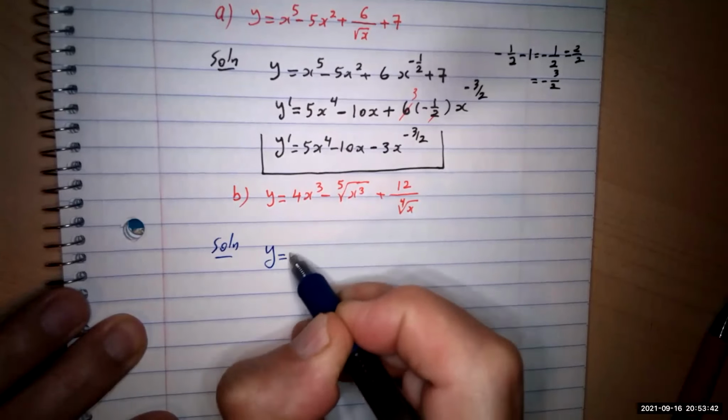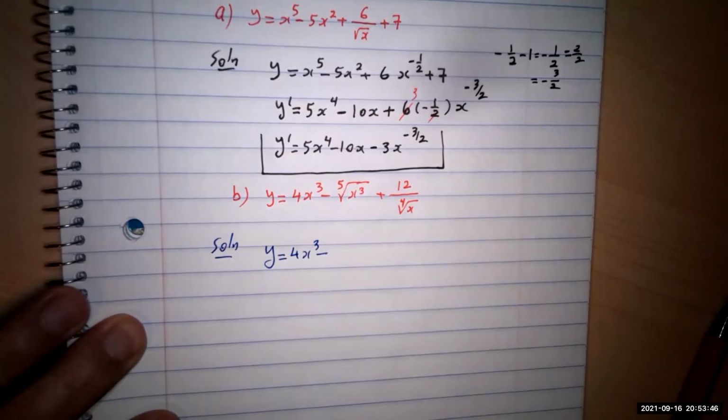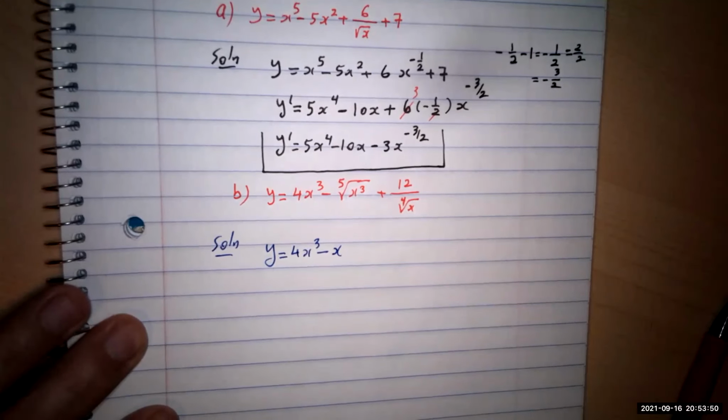Rewrite it. It's going to be 4x cubed minus x to the, what's the power for this one? 5th root of x to the third. Any suggestion?